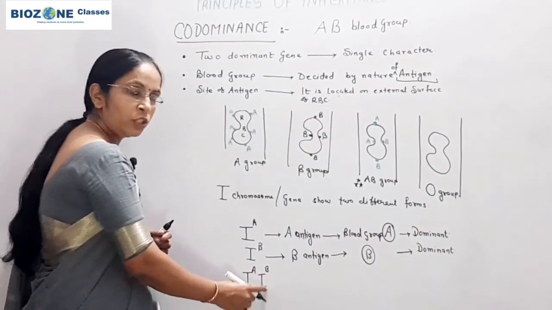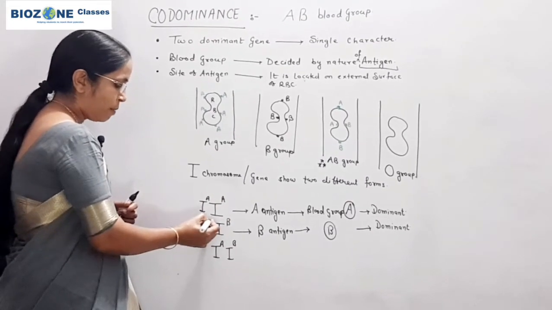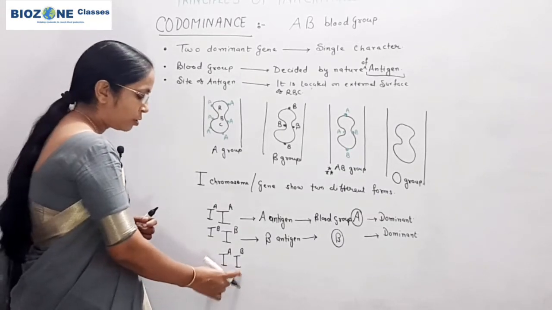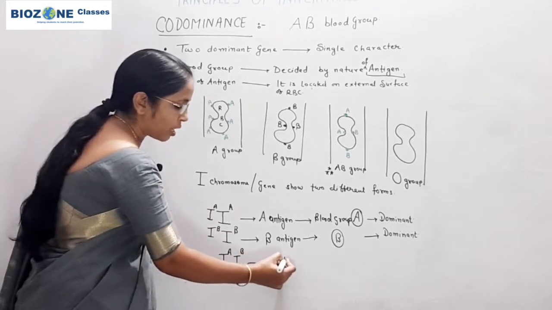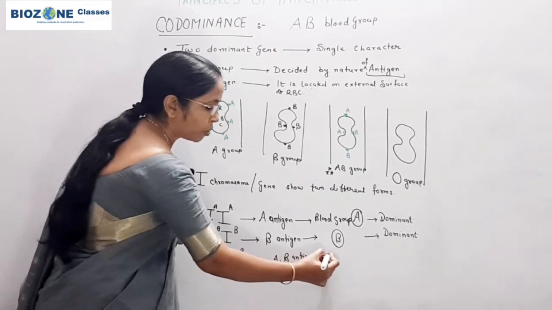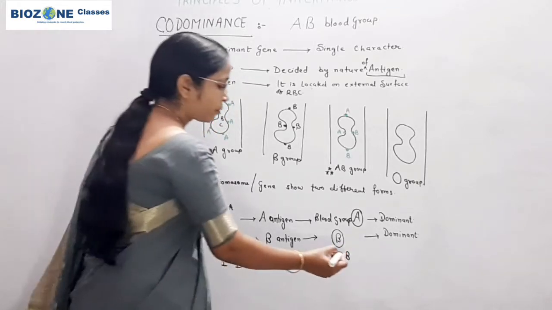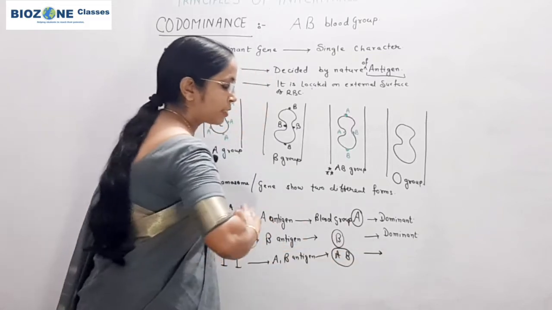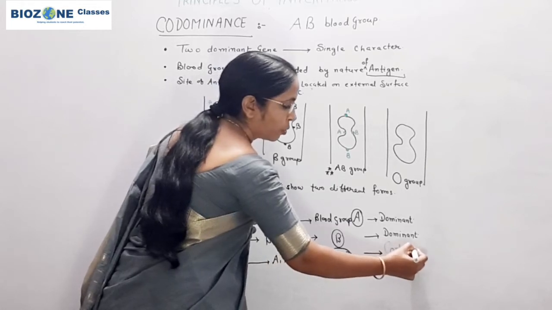When the I gene shows this condition, IA is there, here the IB condition, and this is the condition when the I gene shows both A and B. In that condition both the antigens are present on the surface of the RBC, and because of that, blood group AB is produced or appears in human beings, and this is the classical example where we study the phenomenon of codominance.